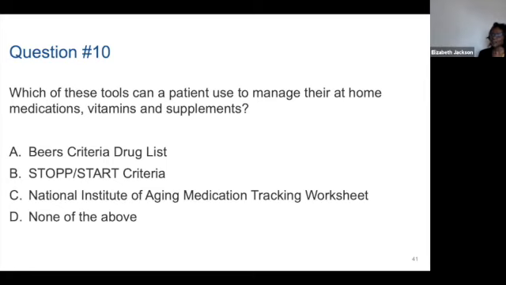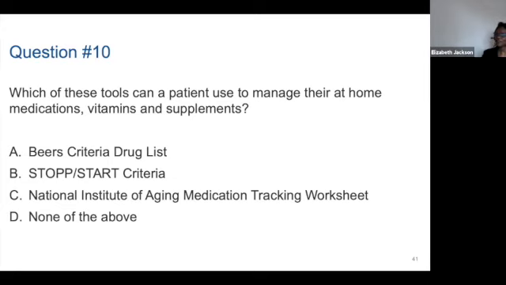We will begin with a question. Hopefully you're not getting tired of these questions. It's question number 10. Which of these tools can a patient use to manage their at-home medications, vitamins, and supplements? Is it the Beers criteria? Is it the STOPP/START criteria? Is it the National Institute on Aging Medication Tracking Worksheet? Or is it none of the above?